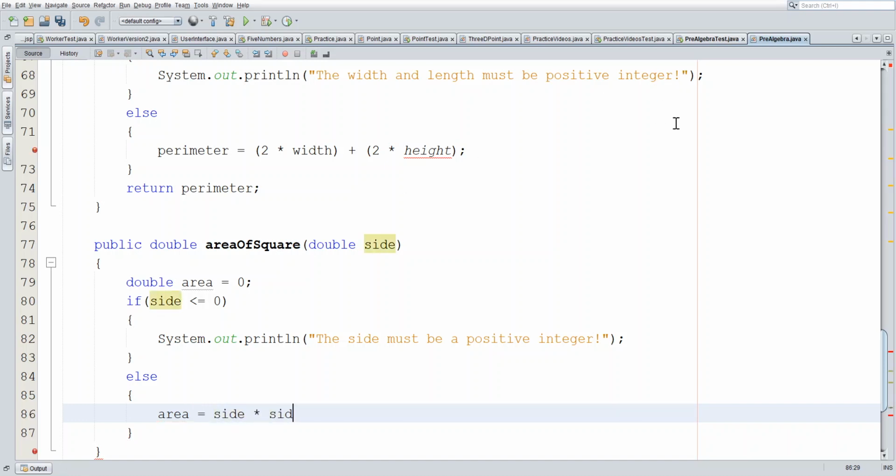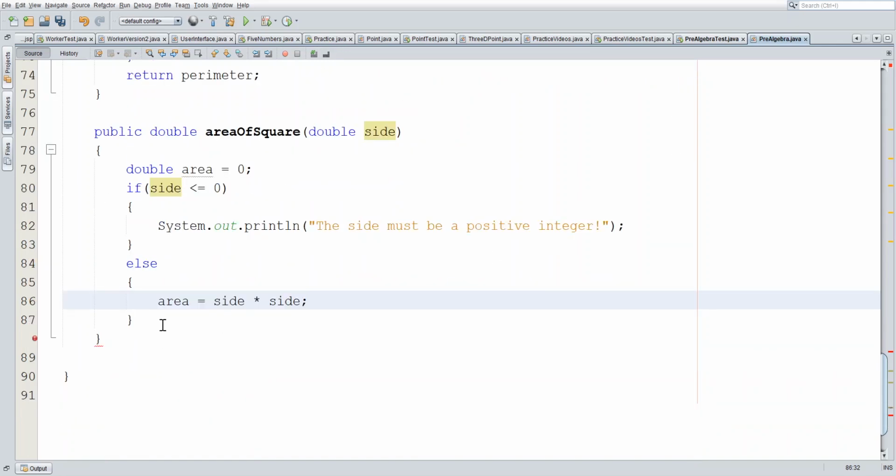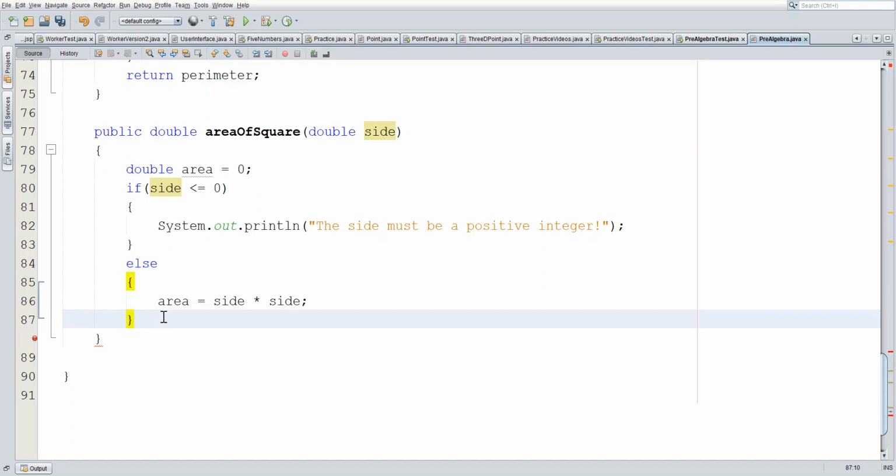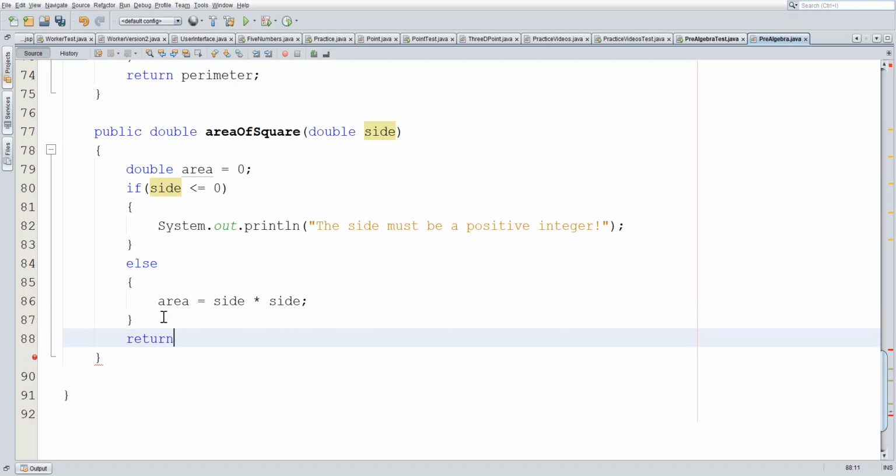Side times side, right? They're both the same side, so we just need to multiply it by itself. Some of you might remember the formula side squared, right? Well, side squared is side times side, right? So, anyways, return area. Okay, so that's how we could do the area of a square.